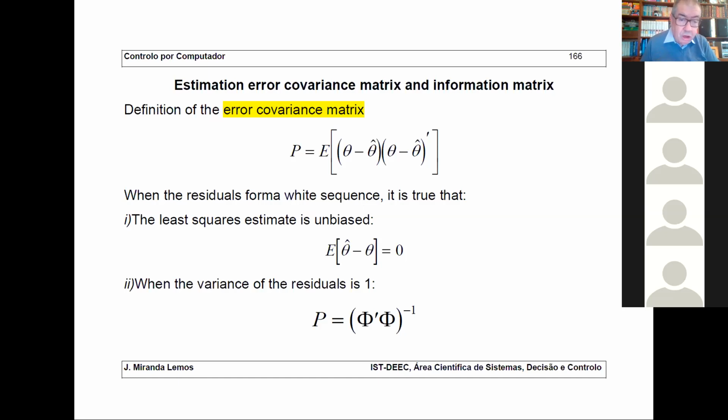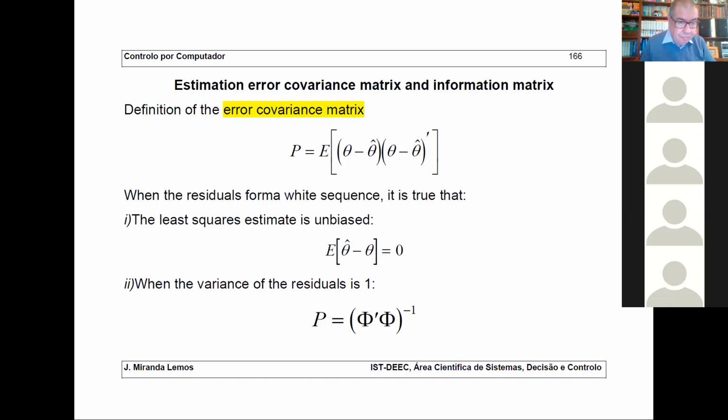Now, white sequences are going to appear many more times in the future. If your noise is a white sequence, then least squares behaves very well because the estimate is unbiased. That is to say, the expectation of the error is 0, which means that if you enlarge the data set on which you are basing your estimates, the estimate is going to be closer and closer to the true value theta.